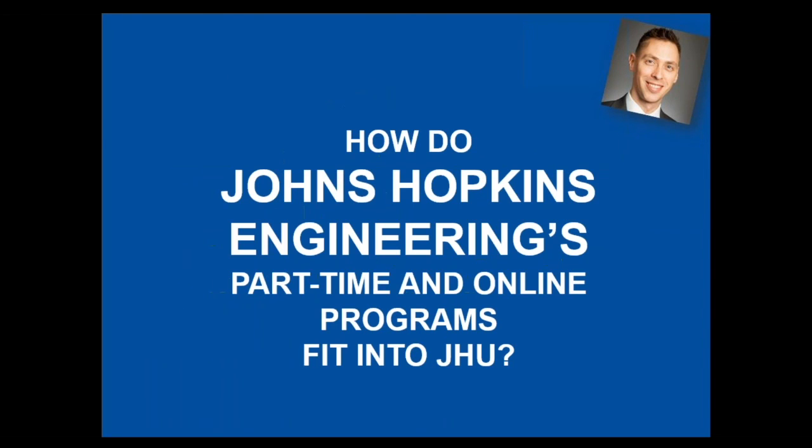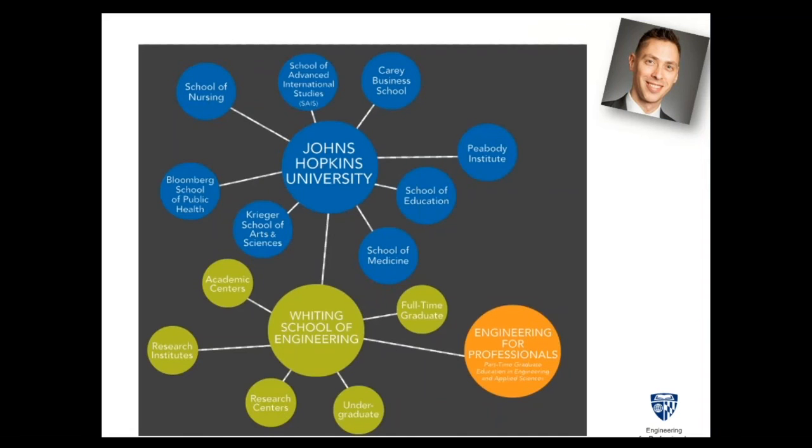So with that, I want to give you a little bit of context and talk to you about how it is that we fit into Johns Hopkins University. This diagram illustrates pretty well the organization of the university. What you see in the blue is all the different schools within Johns Hopkins University. There are 9 different schools in all, one of which is the Whiting School of Engineering, and you see that in the green bubbles at the bottom.